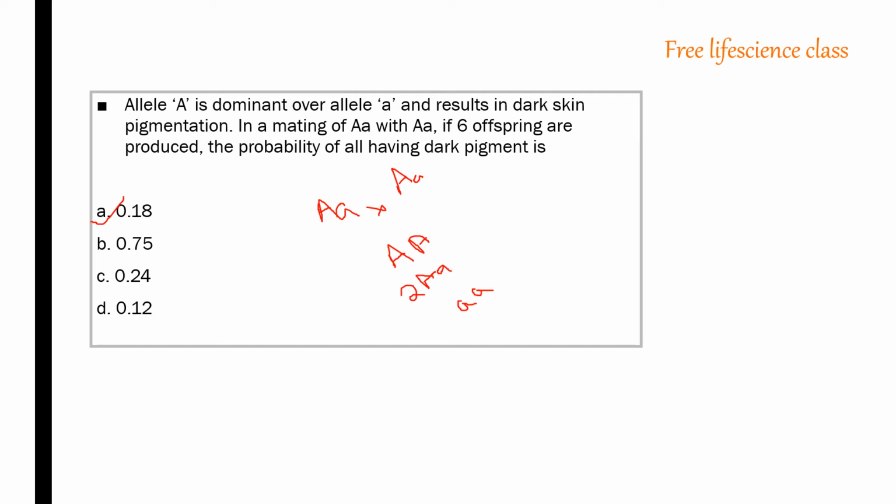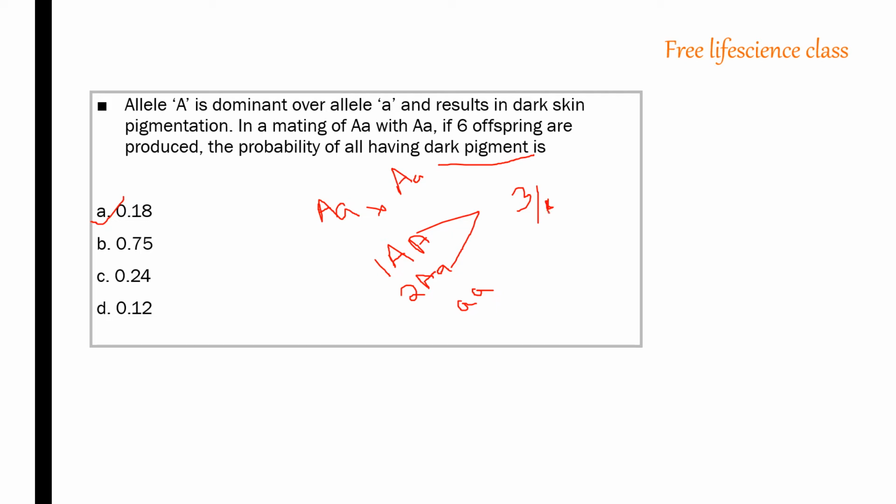Here you are asked for the probability of dark pigment. These three will produce dark pigment, that is 3 out of 4.